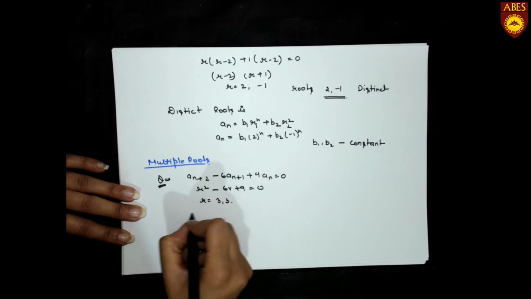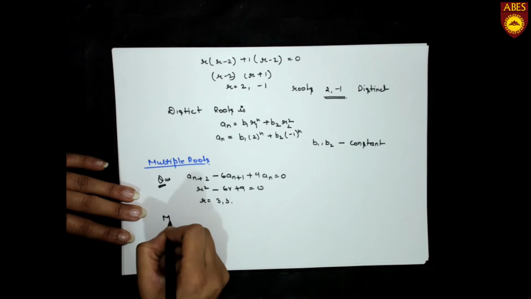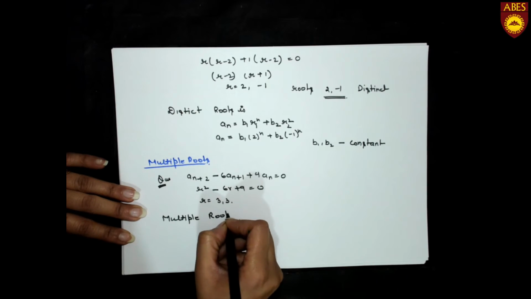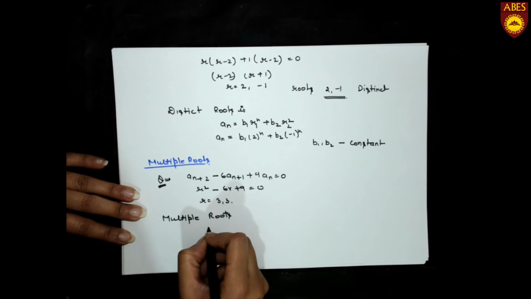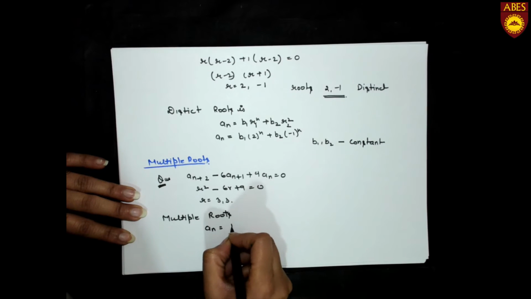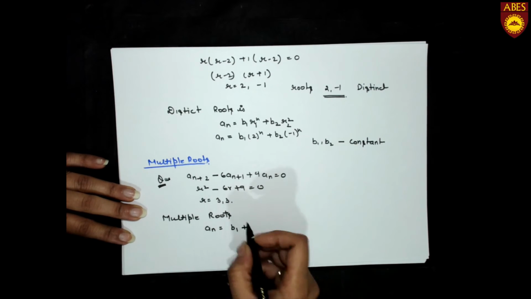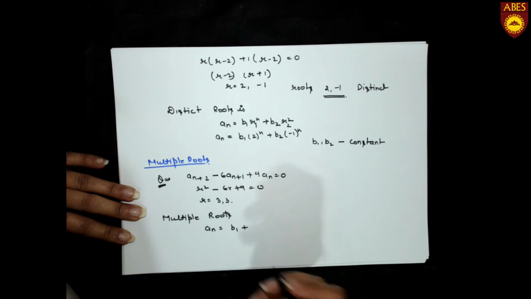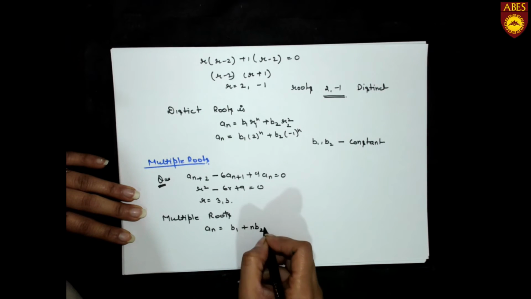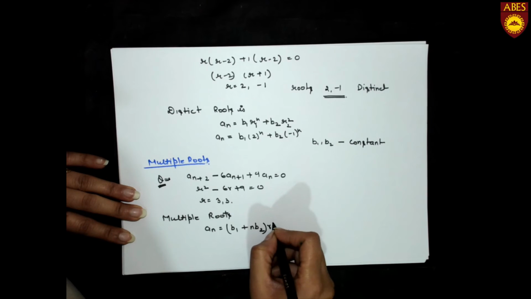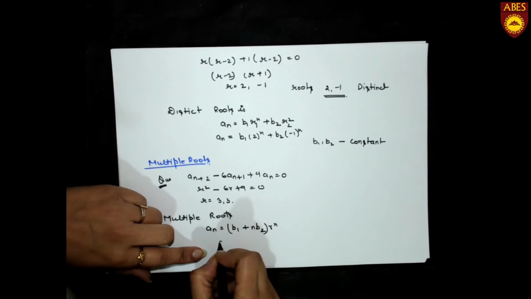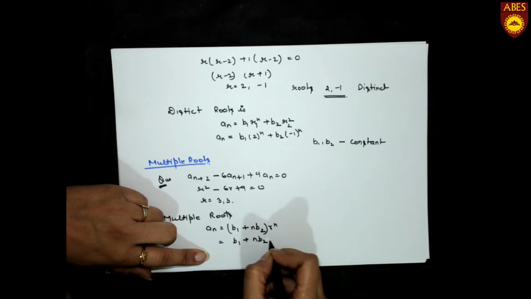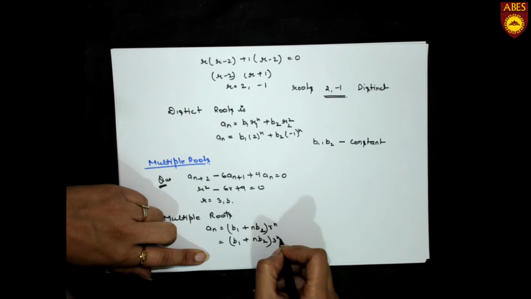Here the roots are multiple. Now for multiple roots, the equation is an is equal to b1 plus, since the multiplicity of the root is 2, meaning it is coming 2 times, we take 2 constants, b1 and b2, times r to the power n. Now putting the value, it will become b1 plus n b2 times 3 to the power n.